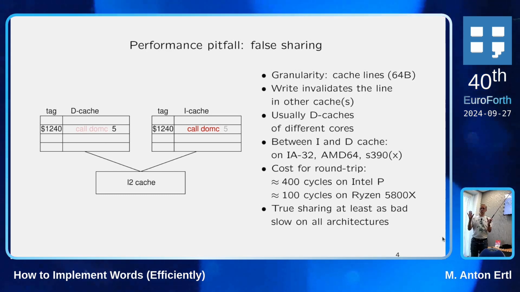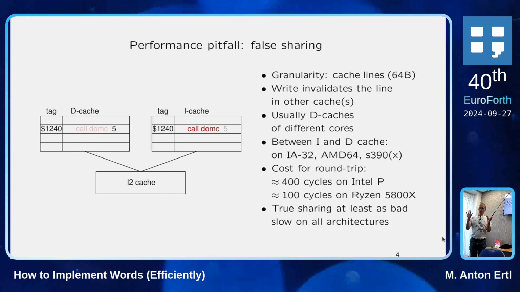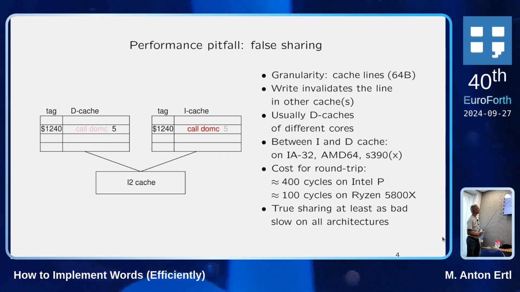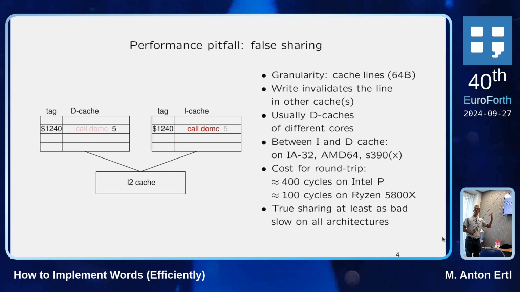You can have the same data in two different caches, for example in the D cache and in the I cache at the same time, but only if it's only read or executed. As soon as one of the caches is written, and you can actually only write to the D cache, the data cache, the other is invalidated.